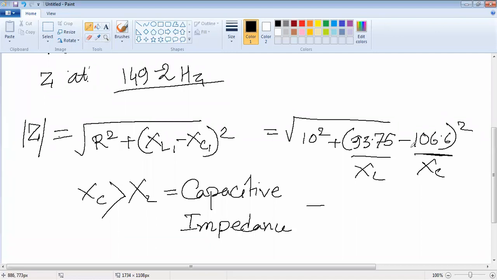What is this? This term will be giving you 1.628 ohm.